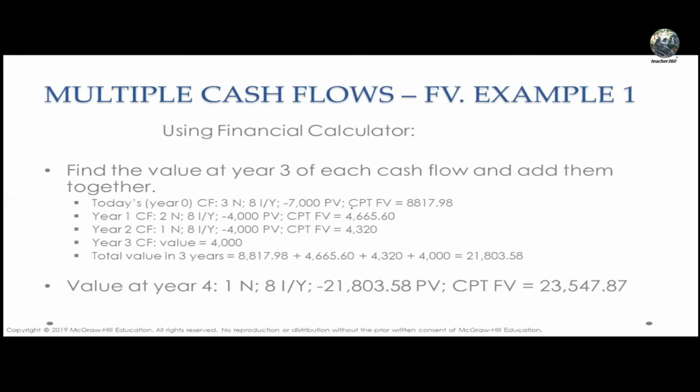Then you press CPT FV in the financial calculator. You will get $8,817.98. This way you can get the future value for each year, and similarly you can add them together to get the future value at year 3.